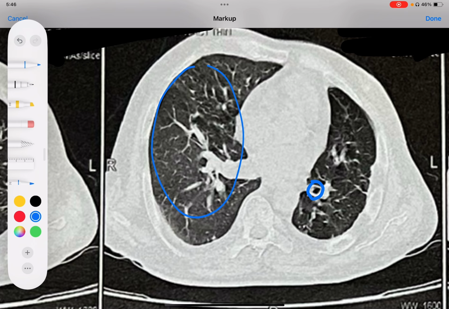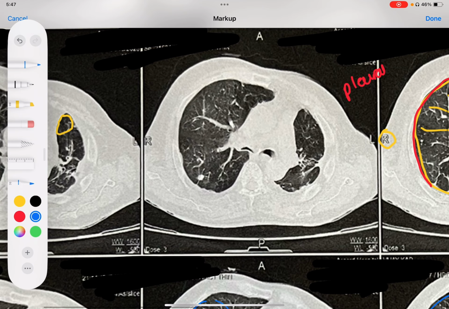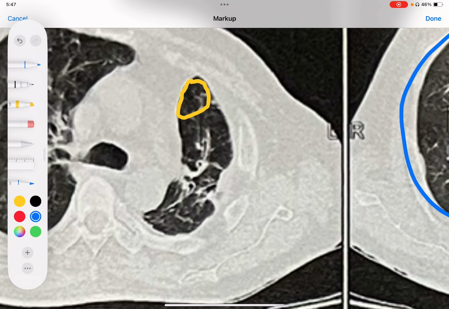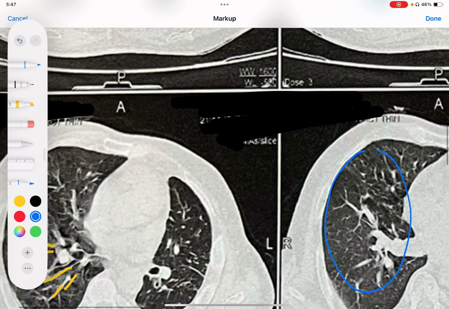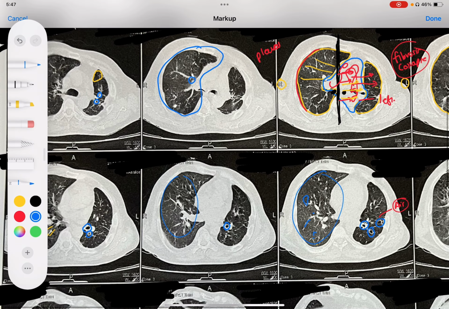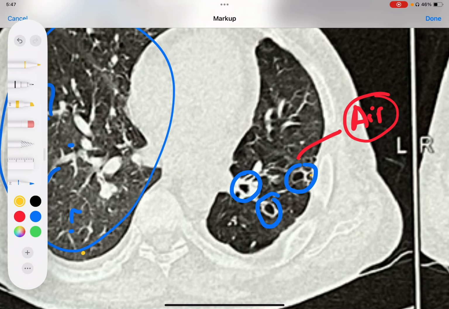Though one is there, we can see here. So why are these bronchi not anywhere else? Here also, it is not. It may appear like this, but here we can have some small bronchi. See this one and this one. So these are the dilated bronchi, and what we call it is bronchiectasis.